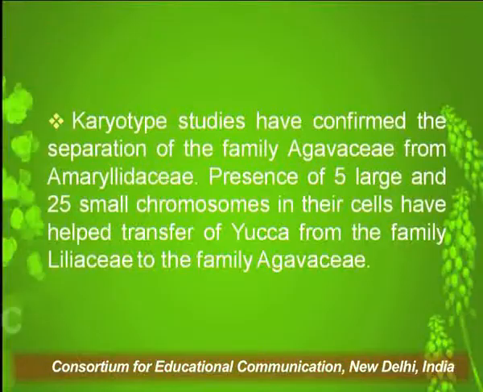Karyotype studies have confirmed the separation of the family Agavaceae from Amaryllidaceae, and the presence of 5 large and 25 small chromosomes in their cells has helped the transfer of Yucca from the family Liliaceae to the family Agavaceae.